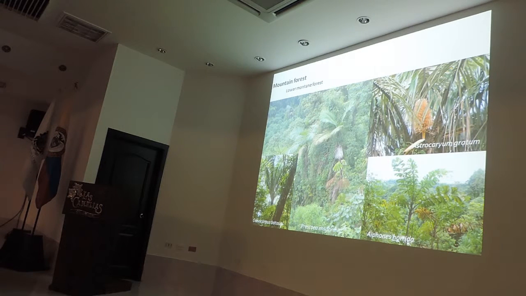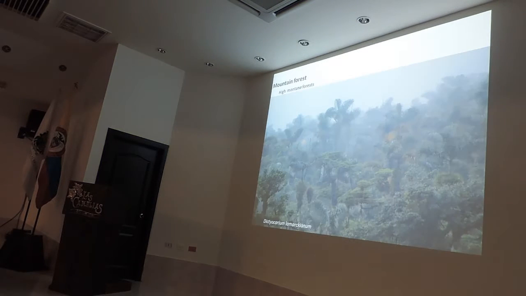And then the Astrocaryum, I put gratum on, but I have to check with Jean-Christophe to see if it's the right one. It's from Bolivia, so it should be gratum, I think, but we can check it later.